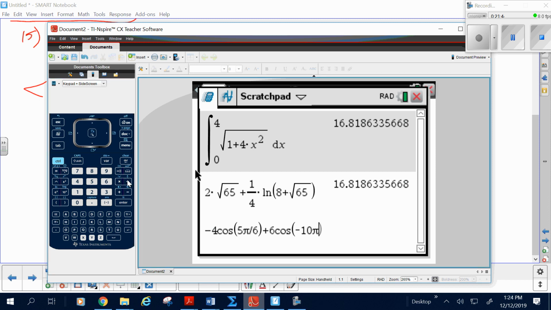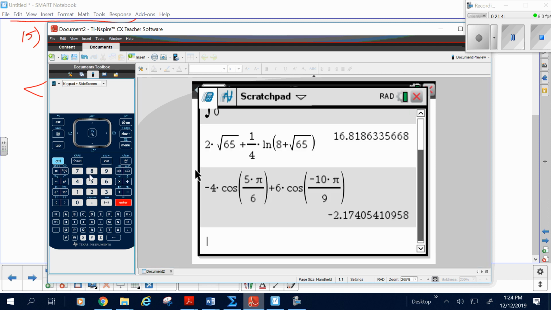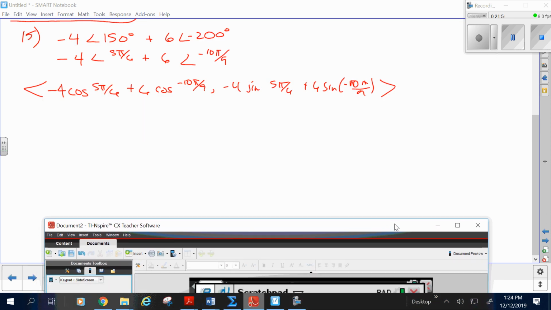Pi divided by 9. Okay, I got negative 2.174 for the x. Now, I will record that, and I'll probably store it, but I definitely do not want the negative. It confuses the angle.